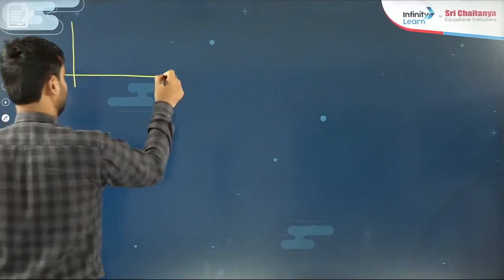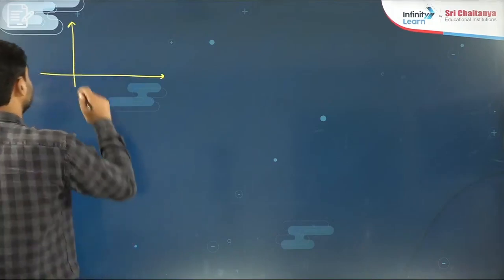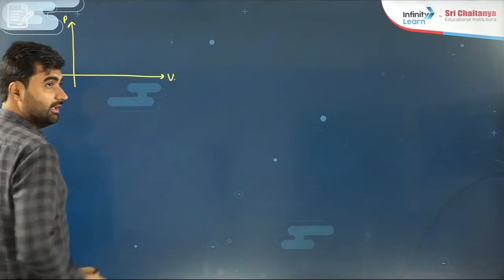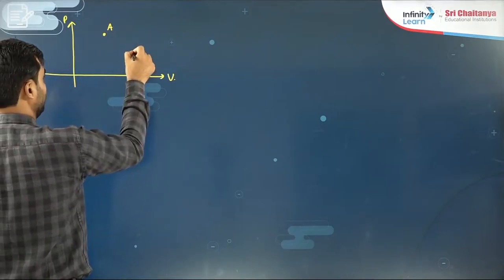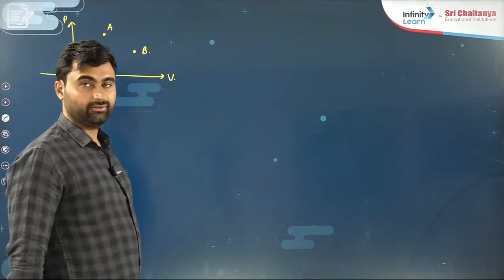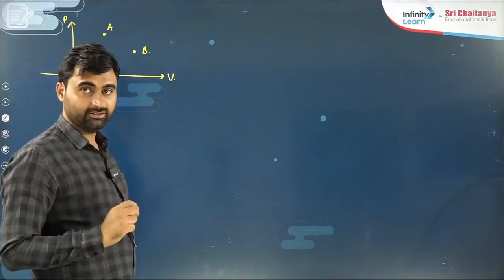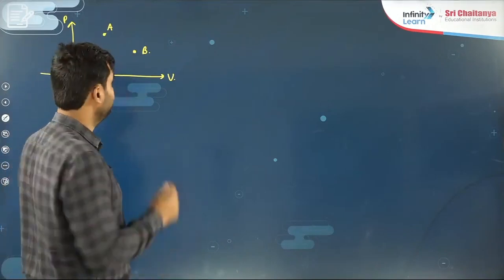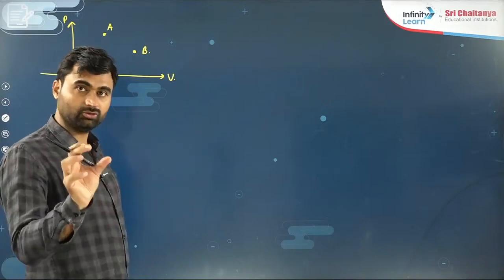This process is given, a total of 3 processes. This is the pressure axis, this is the volume axis, and all processes start from the same point A and end at the same point B. All 3 processes start from point A and terminate at point B, meaning for all processes the initial and final points are common.